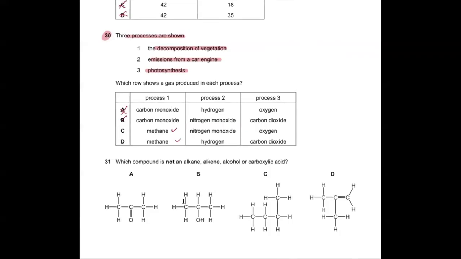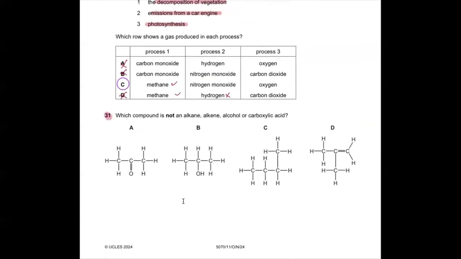So A is right and B goes wrong. Emission from a car engine doesn't give you hydrogen, so D goes wrong. It means we are left with only C, so C is the correct answer, right?